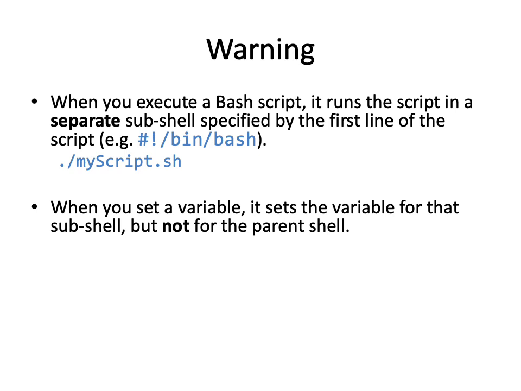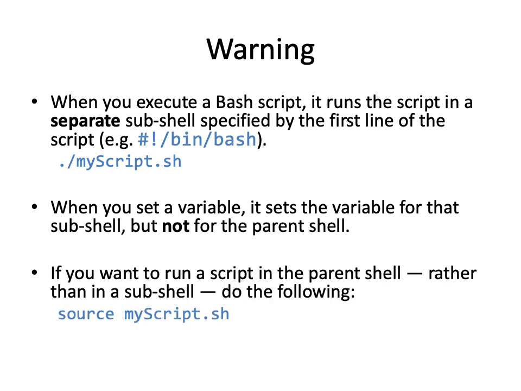They're going to disappear. Just like with scope in a function, if you define a variable in a function, then as soon as that function is done and it returns, all the variables in that function go out of scope. Similar thing here. So if you want to run a script from the parent shell rather than in the subshell, you can do the following. So for instance, say I want to have a script that sets a whole bunch of different environment variables for the current bash shell.